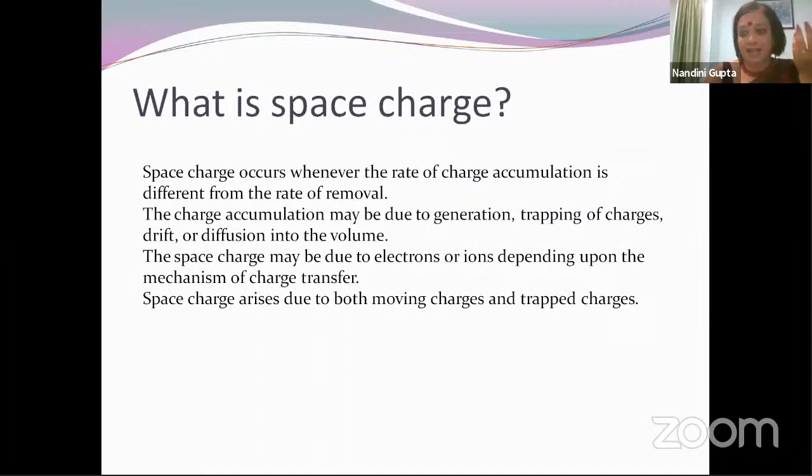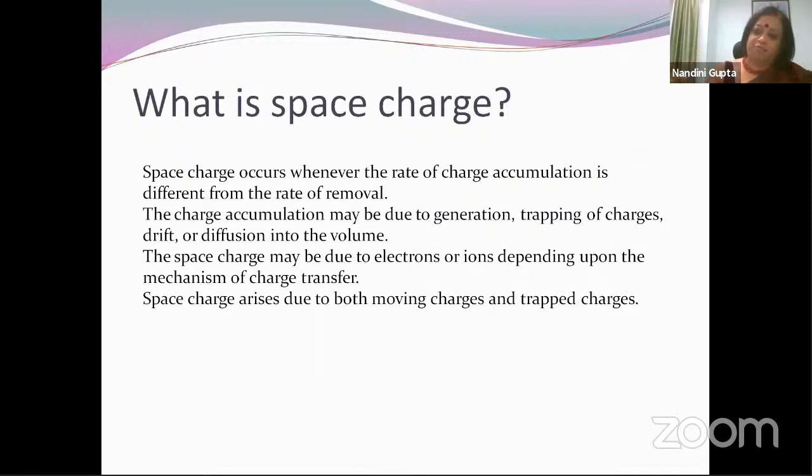You have an atom that is neutral in the absence of an electric field. When you apply an electric field, the nucleus, which is positively charged, remains where it was, but the electronic cloud deviates along the direction of the field so that the negative charge center is deviated from the positive charge center. This results in the formation of a dipole.